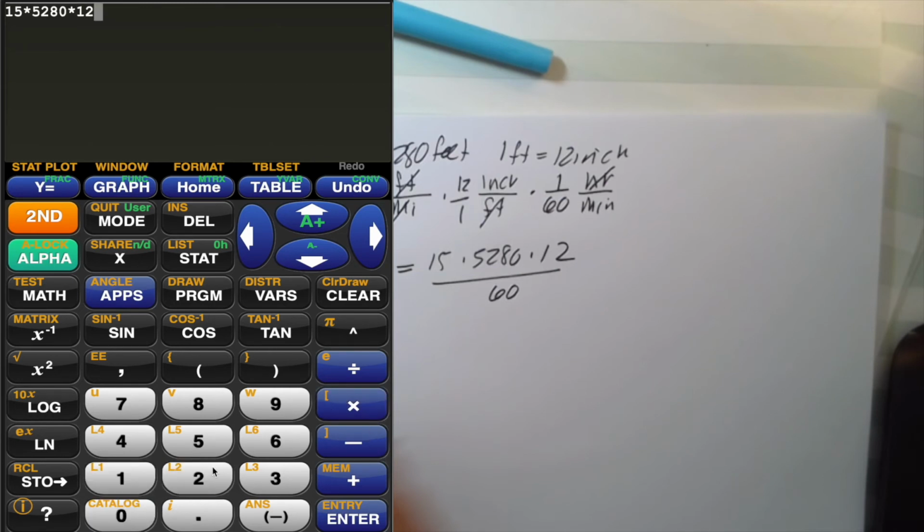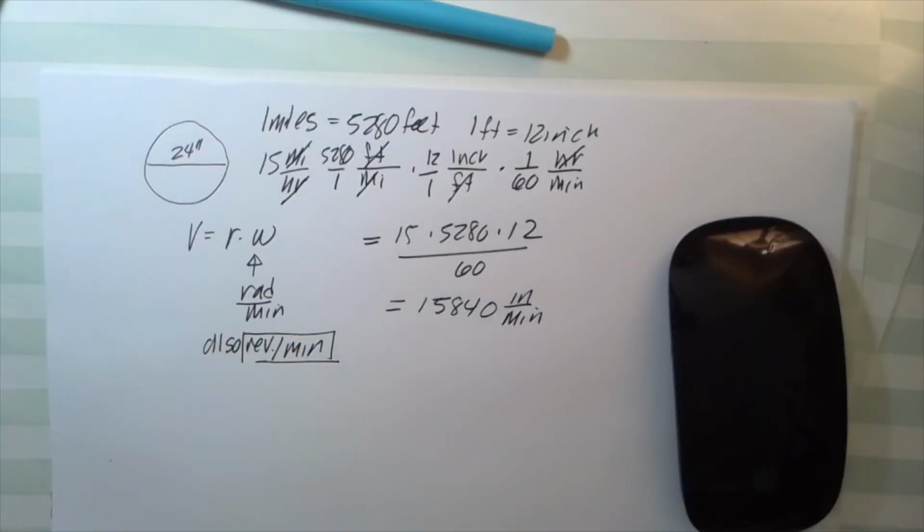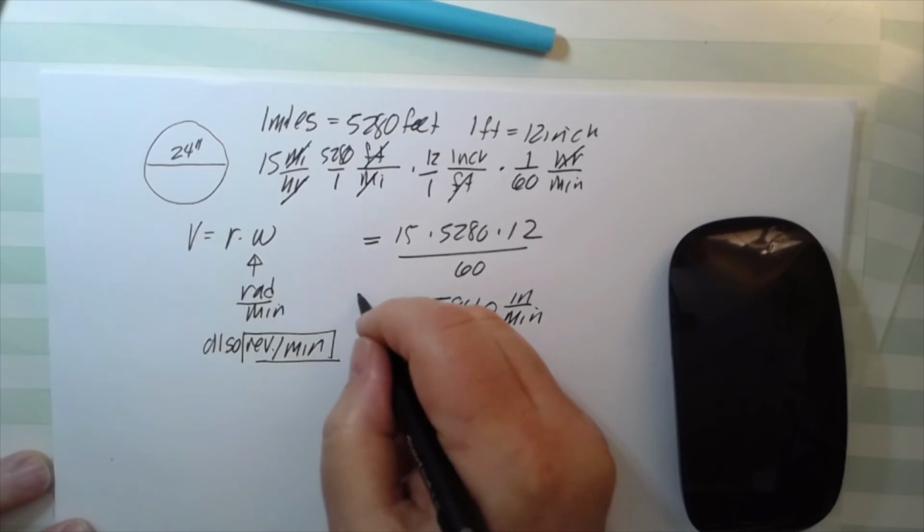So that gives us 15,840 inches per minute. Now what they want is the angular velocity, but this is the v. That's what that is.